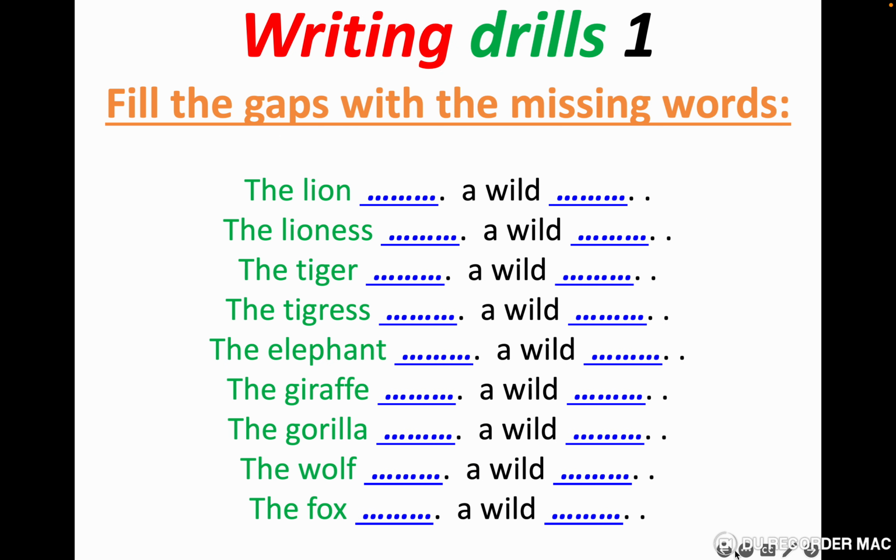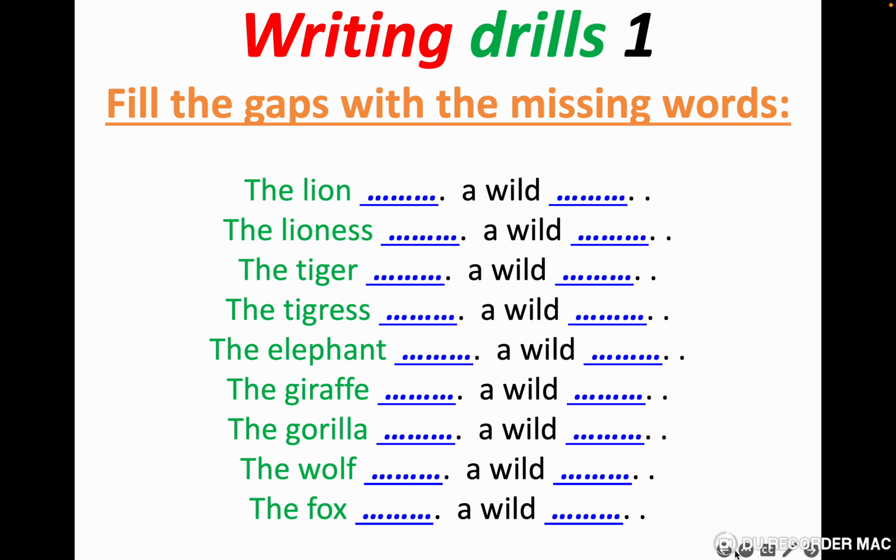The lion, a wild what? The lioness, the female of the lion, a wild what? The tiger, a wild what? The tigress is the female of the tiger, a wild what?